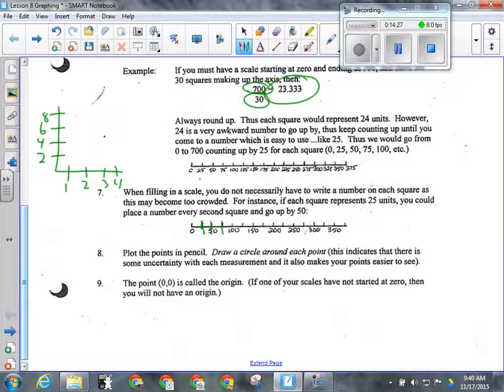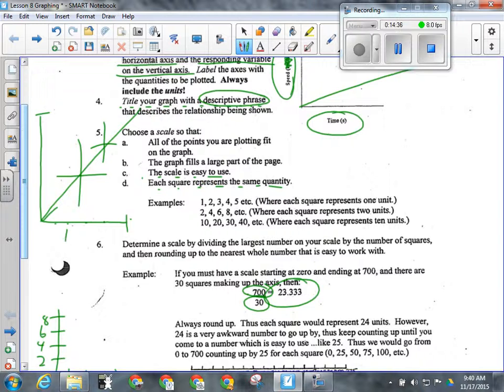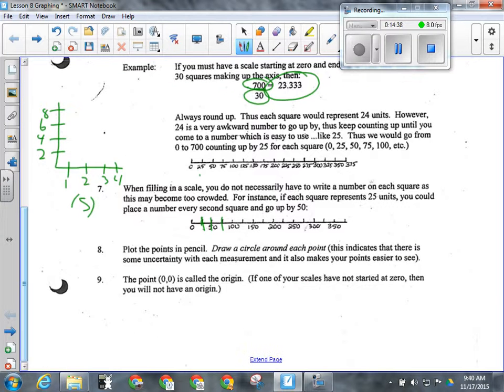Okay, and my first point is, let's say this is time in seconds. Okay, well, that's not the graph I was using. There's the graph I was using. Okay, let's say that my first point is 6 meters and 2 seconds. All right, so I go over to 2 seconds, and then I go up to 6 meters, plot my point. Okay, so you use your X, go up for your Y, plot your points. Okay, pretty straightforward on that.